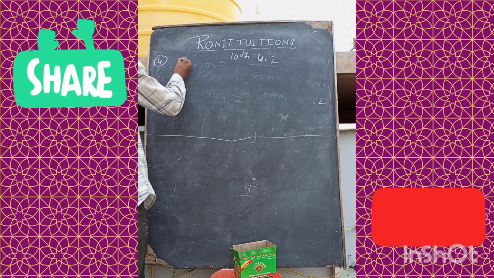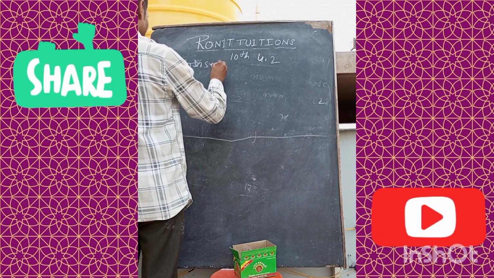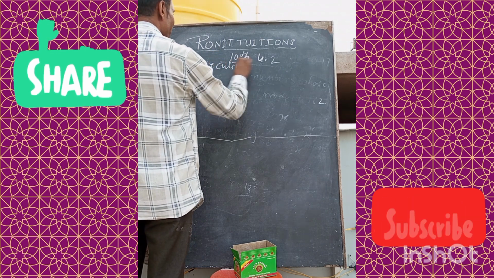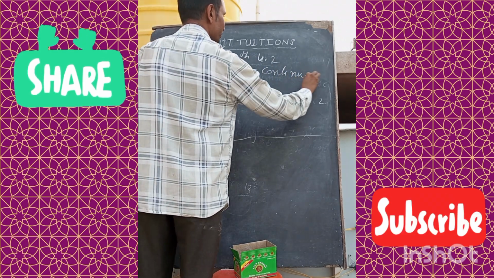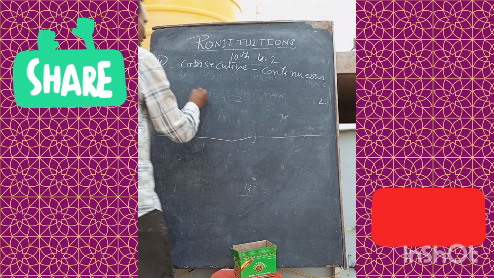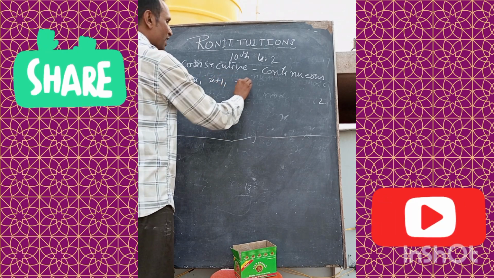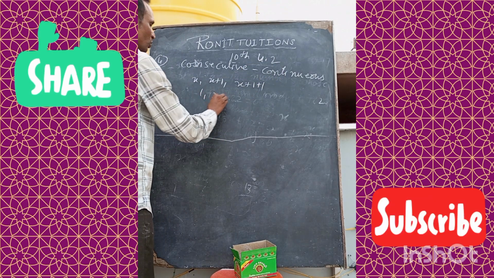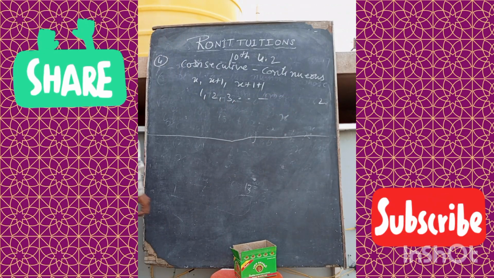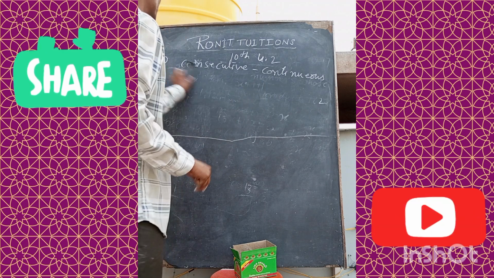Consecutive integers means continuous numbers. If one number is x, then the other number is x plus 1. These are the continuous numbers, like 1, 2, 3, 4, and so on. So these are the consecutive numbers.